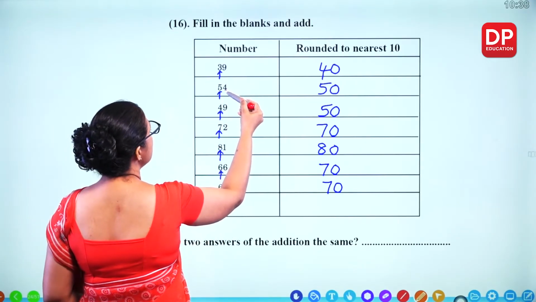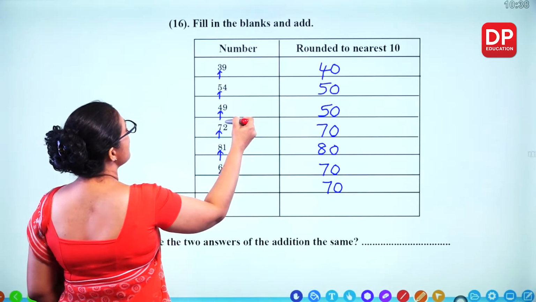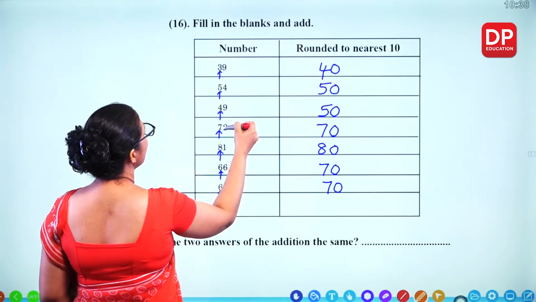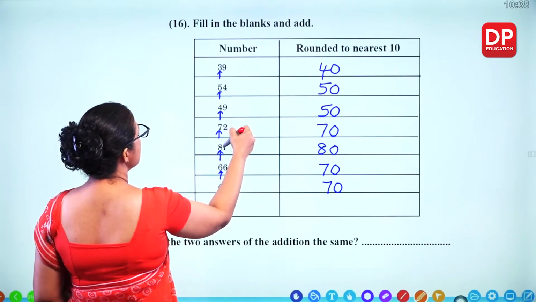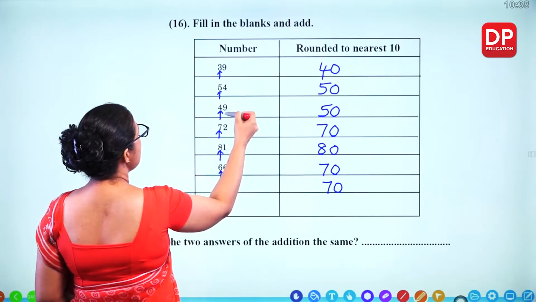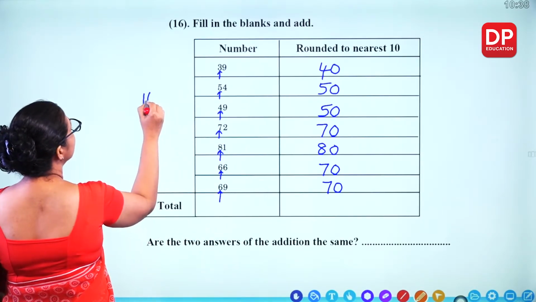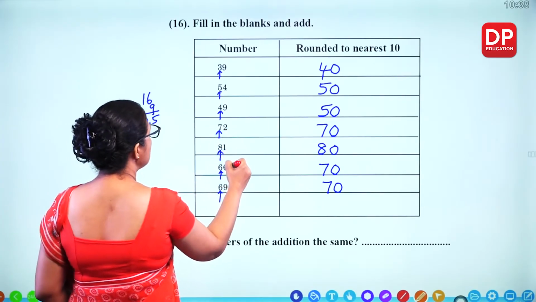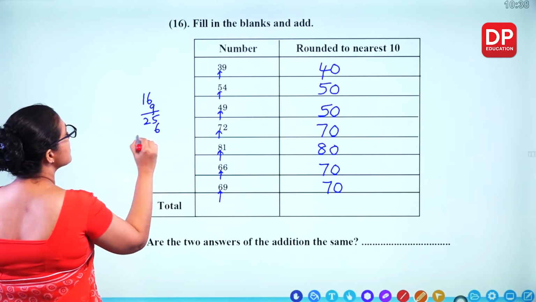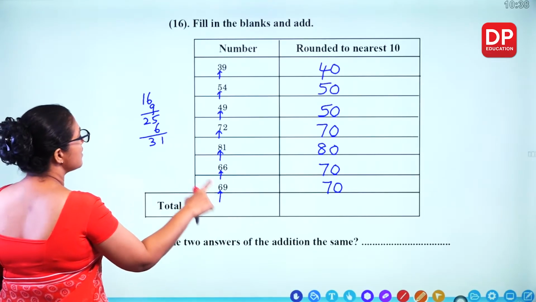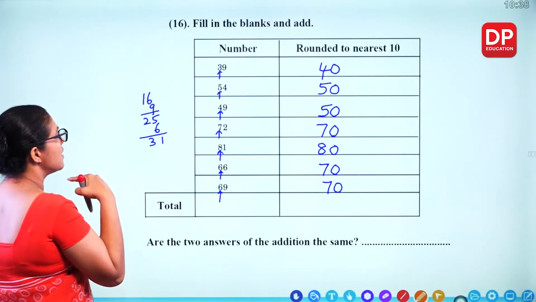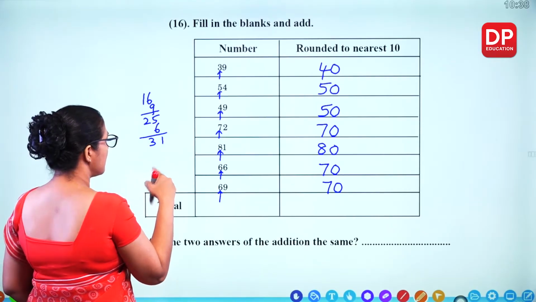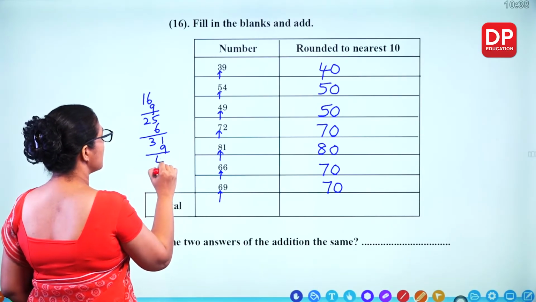9 plus 4, 13. 13 plus 2, 15, 16. 16 plus 9, 25. 25 plus 6, 31. 31 plus 9, 40.